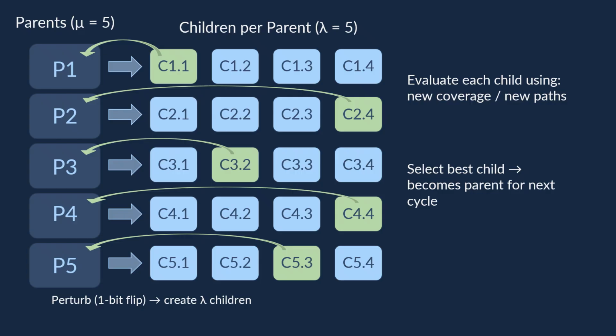The best performing child replaces the parent, creates more children, and you can see how over time each lineage is evolving towards the mutation schedules that produce the most amount of code coverage. And that's how you find this golden ratio and this sweet spot distribution that helps fuzz the code the best.